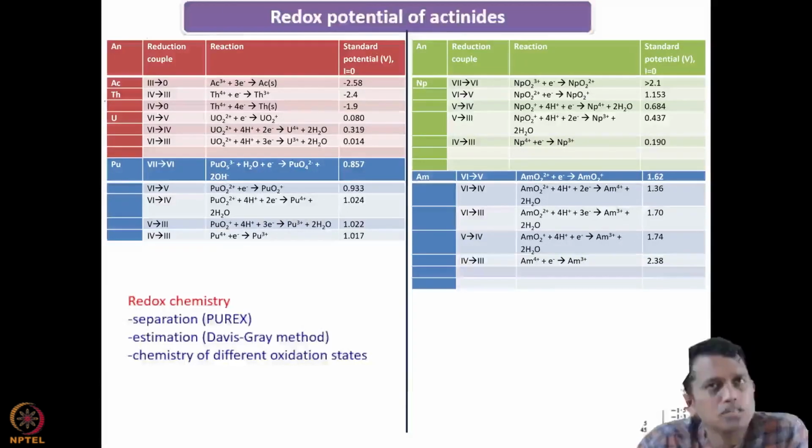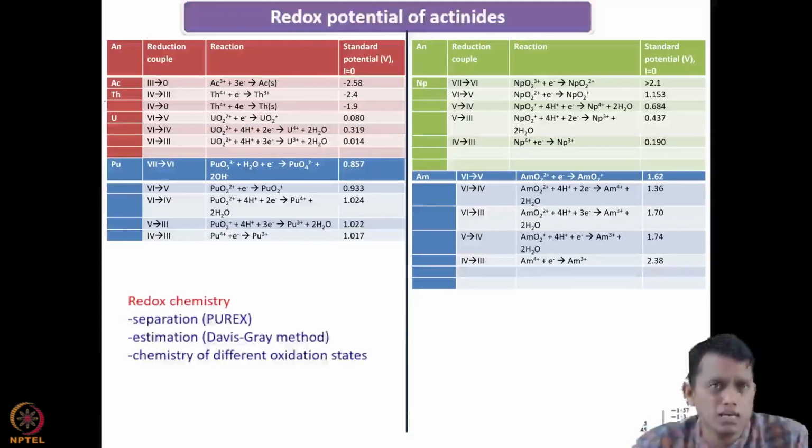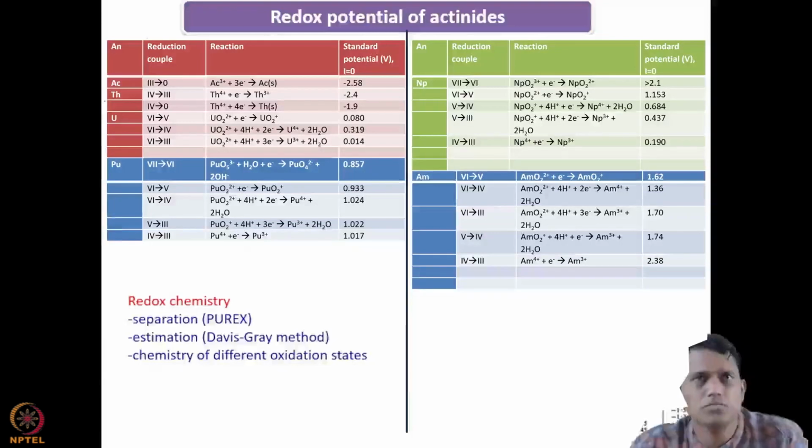So why do we require this redox chemistry? Because many times we require it for separation, because most of the time our separation is based on the oxidation state of the metal ion. You must have heard about the Purex process. In the Purex process, many a time we play with the oxidation state. We also do this for uranium determination using the Davis-Gray method.